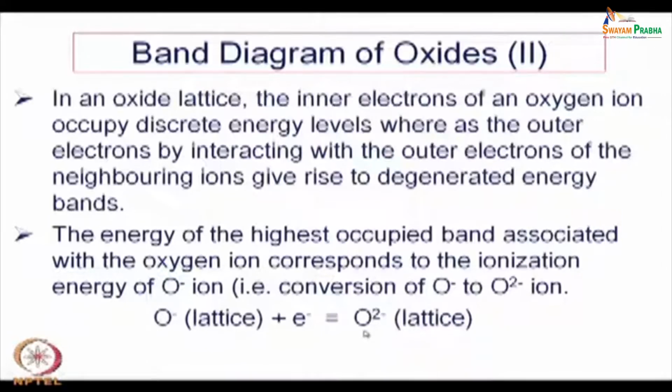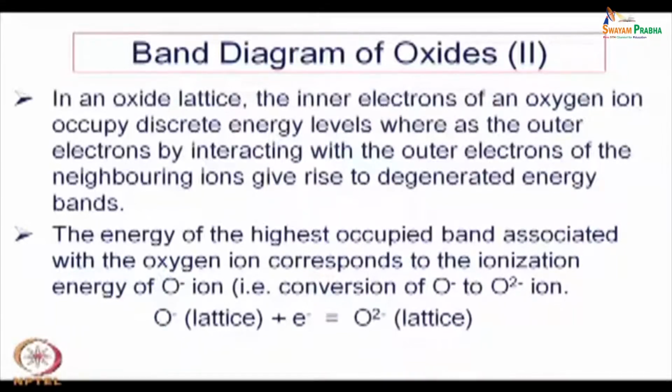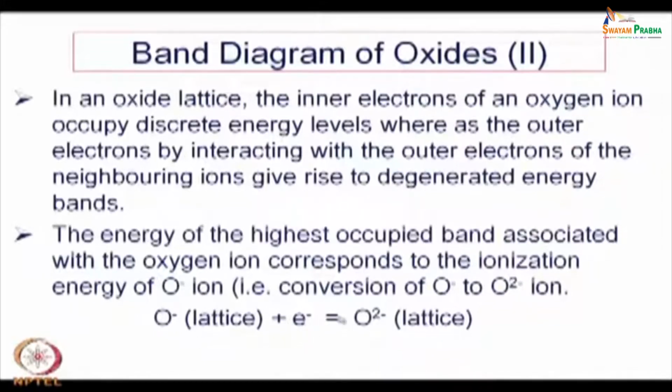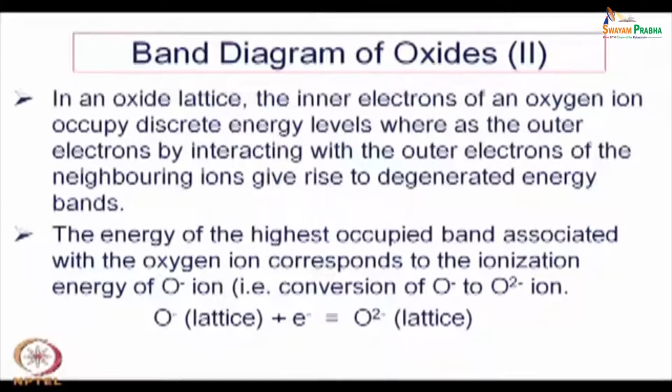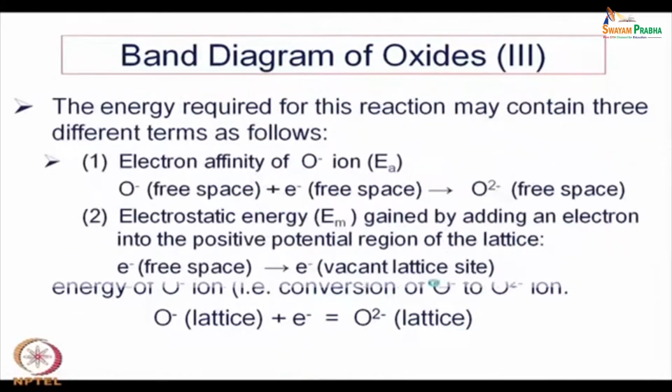So, we are looking at what is the change of energy with this. In fact, it is as if we are adding an electron from free space to the O minus ion in the lattice, and as a result we get O2 minus in the lattice, and we will look into what the energy change is.